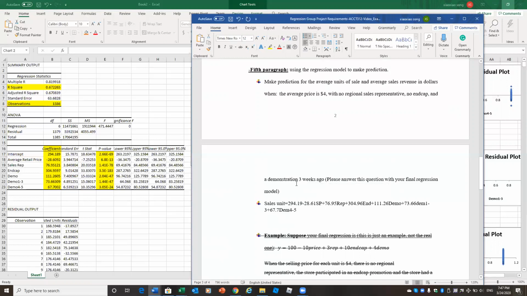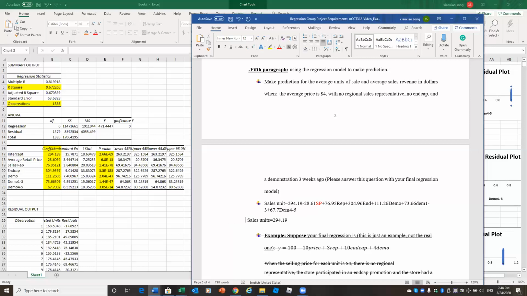So now the question said the average price is $4. Instead of putting selling price, we replace this with the exact number, which is 4. So what does that mean? Now your predicted sales units will still be 294.19. I just copy it from there.